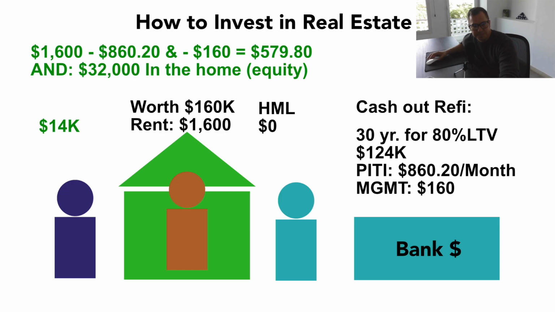And if you go back here, in this deal, it might have taken 4 to 6 months, right, to do the rehab, the acquisition, to get the cash out refinance. It might take some time. But in this example, you essentially come out the other side not using any of your own money. You pay off all of your hard money loans. You do have a mortgage, but what's happening is now you picked up $580 of net cash flow every month.